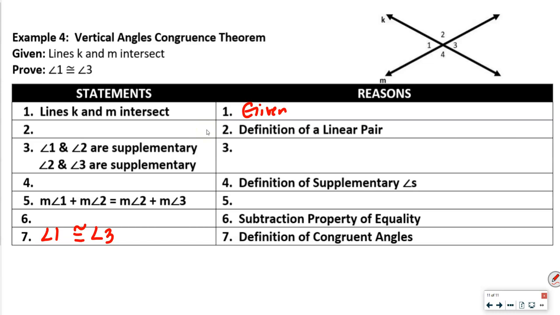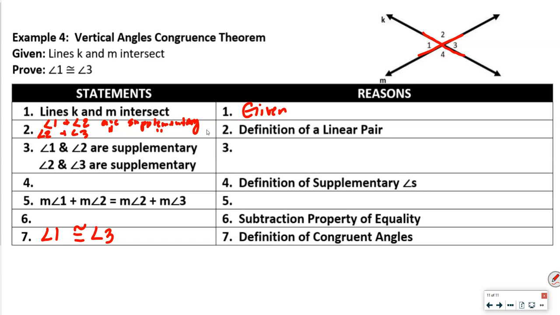So we can say that angle 1 and angle 2, and look at the next step, this helps us, angle 1 and angle 2 are supplementary, right? And angle 2 and angle 3 are also, I'm just going to put tick marks here, supplementary. Y'all got me? So notice 1 and 2 up there and 2 and 3 form lines, yes?